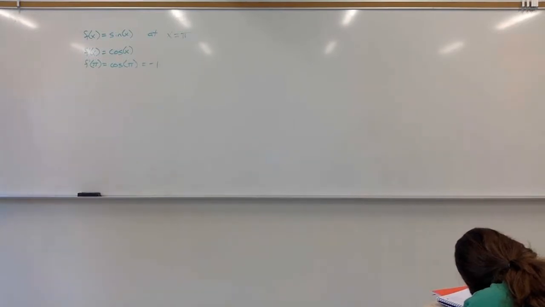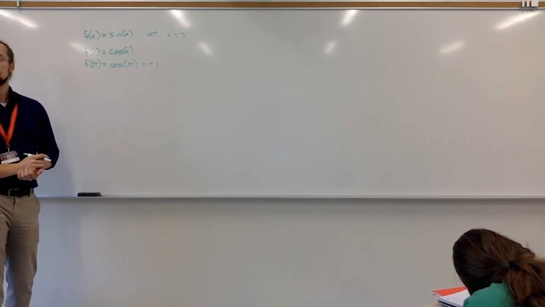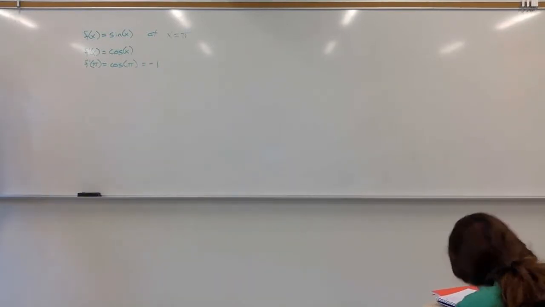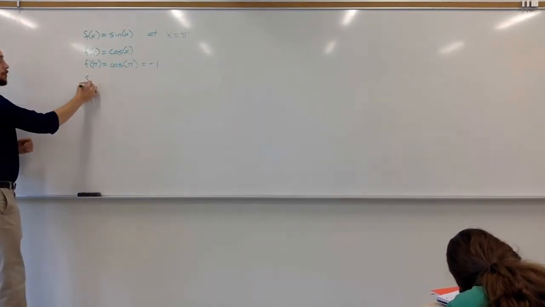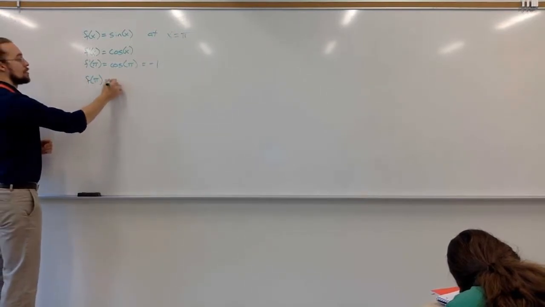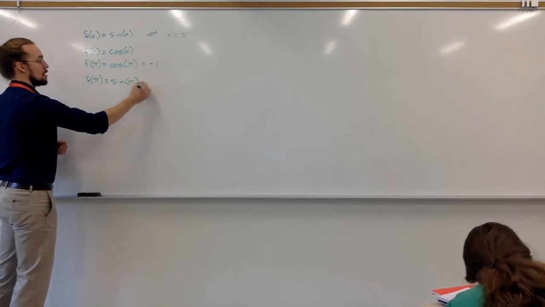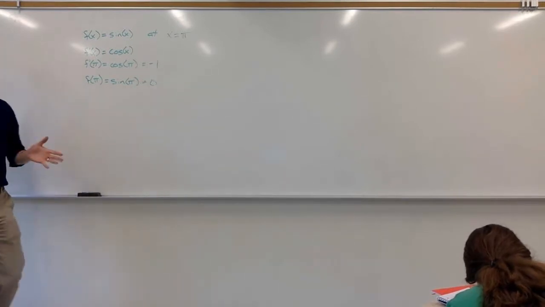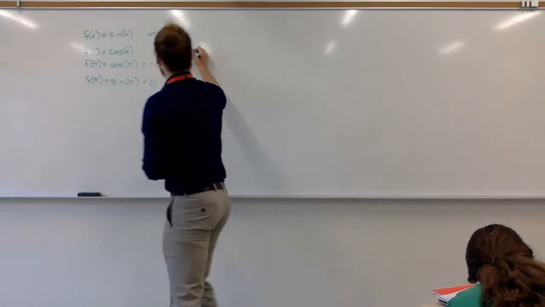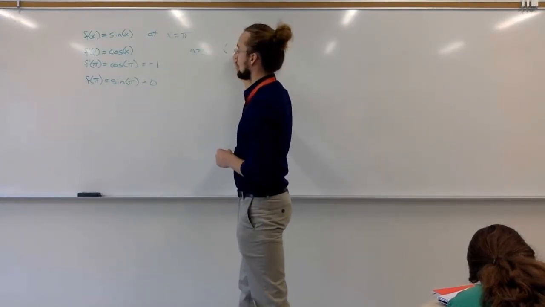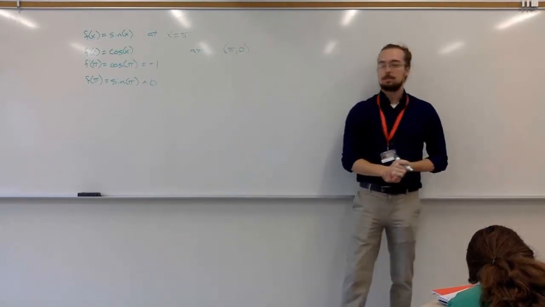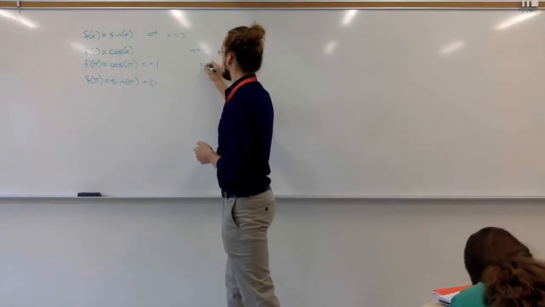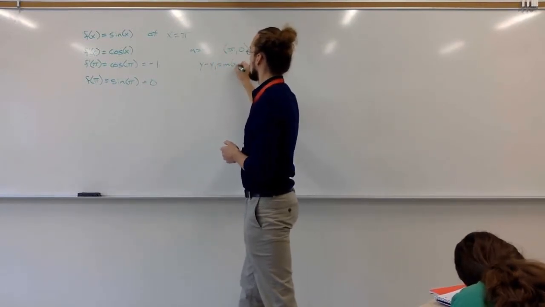What else do I need? A point. So how do I get that? We want to plug in the x value, so I do x equals pi. So what's sine of pi? 0. So to write the equation of my line, my slope is -1 and my point is (pi, 0). Then we're just using y minus y1 equals m times x minus x1.